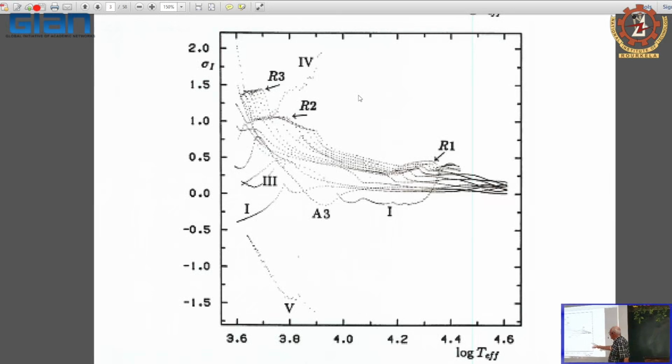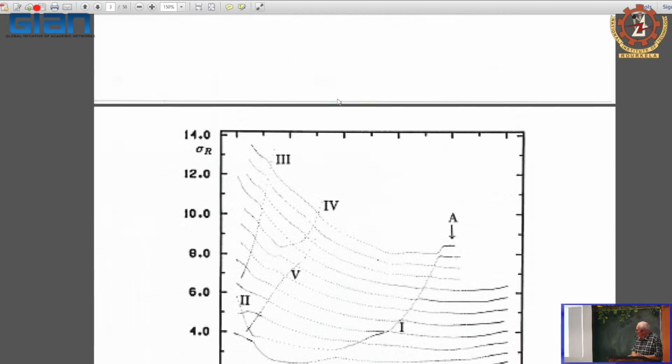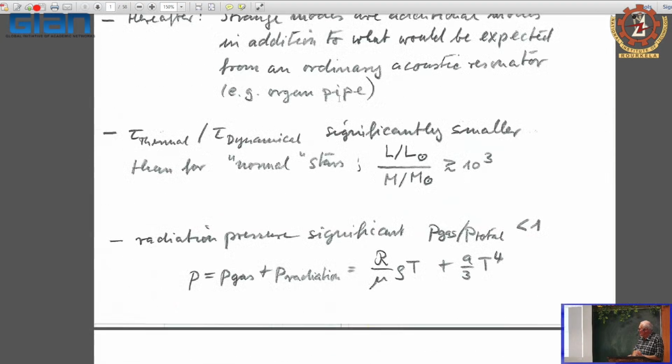Maybe you see here that this is not a monotonic line, but this line has some maxima. So it seems there are some maxima hidden in the growth rate, hidden behind this mode denoted with Roman 1. Okay, so let's go back.